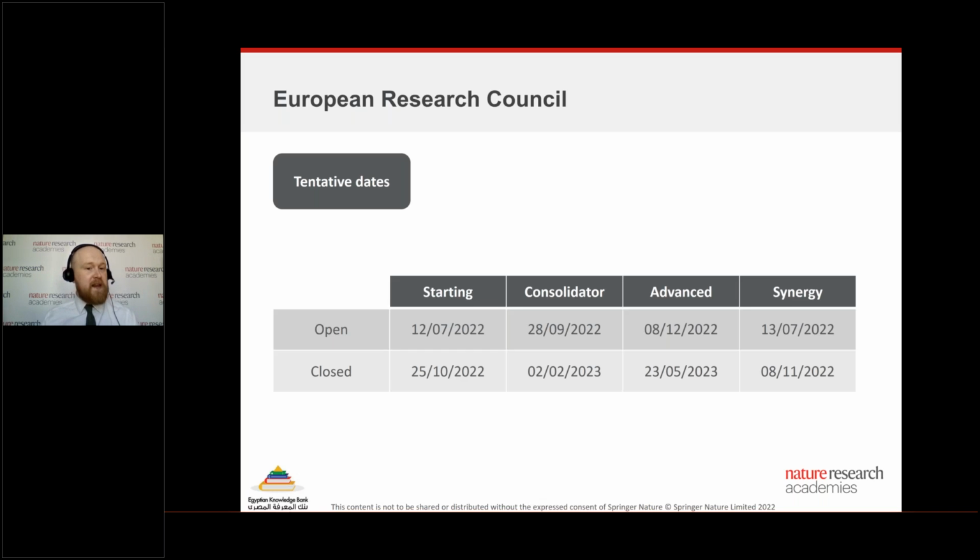So you have plenty of time to start preparing for that, and then the starting grant will close at the end of October. As you see here, I've also highlighted the opening dates for the other grants, so you may want to quickly make a note of these dates. As I say, plenty of time to prepare for these deadlines for the European Research Council.